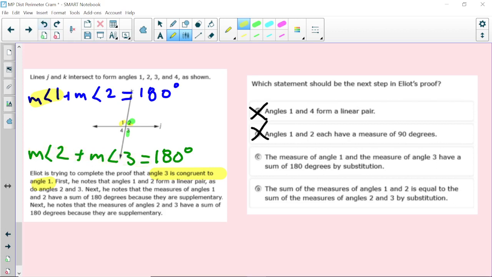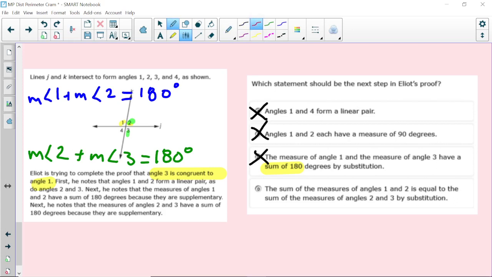Plus, we're already thinking about how 1 and 3 have to be congruent to one another because they're vertical angles, so it doesn't make sense that they would have a sum of 180 degrees, because we don't know that they're going to be 90 degrees. Nowhere does it say 90 degrees. So C doesn't really make sense.